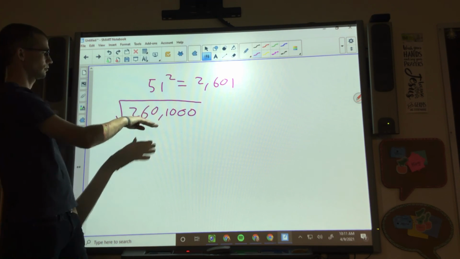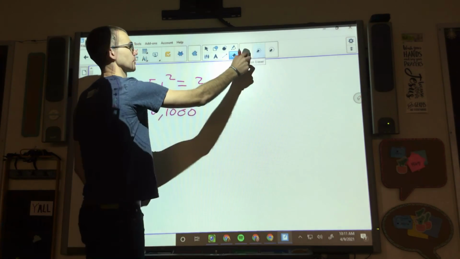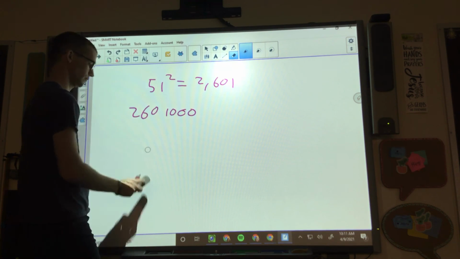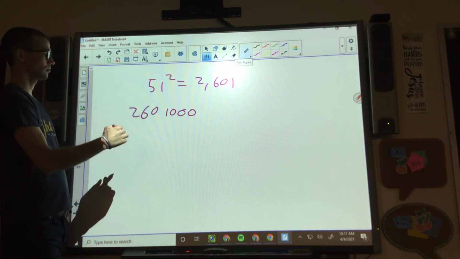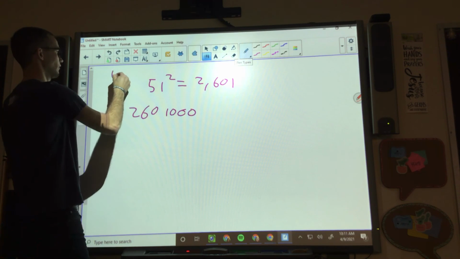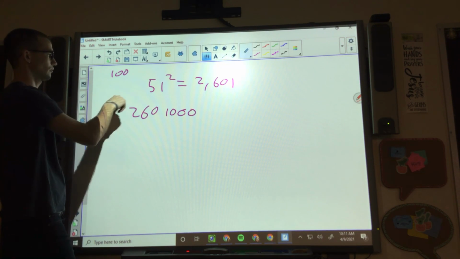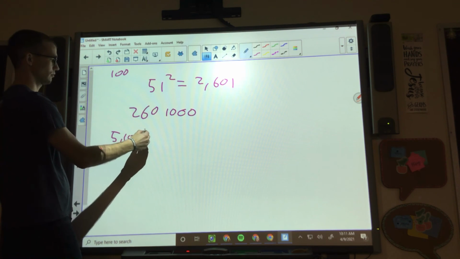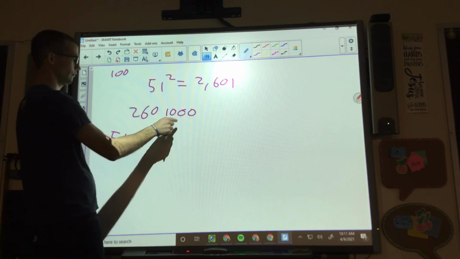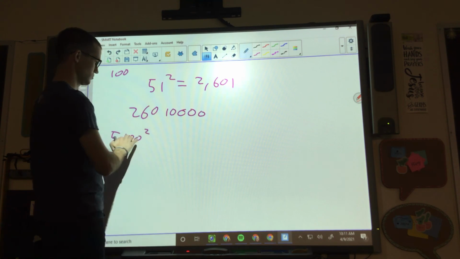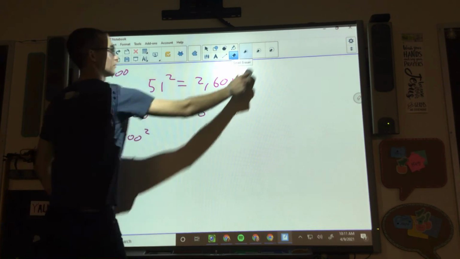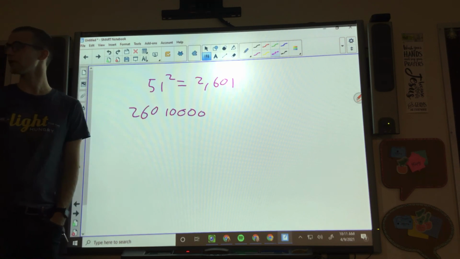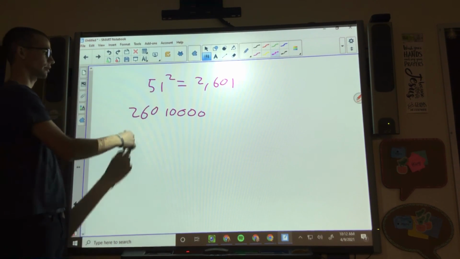Let me think for a second, because there are 3 zeros on this. I'm trying to think of a section where this is 100, so it would be 5,100 squared. Yeah, that's the number that I'm looking for. Sorry, I had to give a live reaction on how my brain works trying to create my own problem.